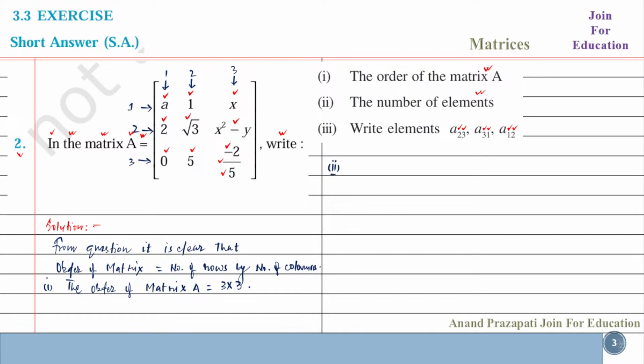Number of elements equals number of rows into number of columns, which is 3 into 3, equal to 9.